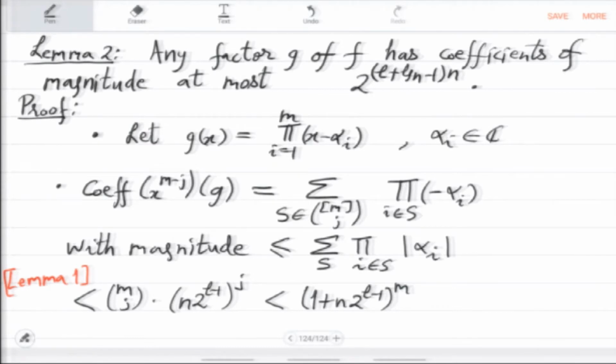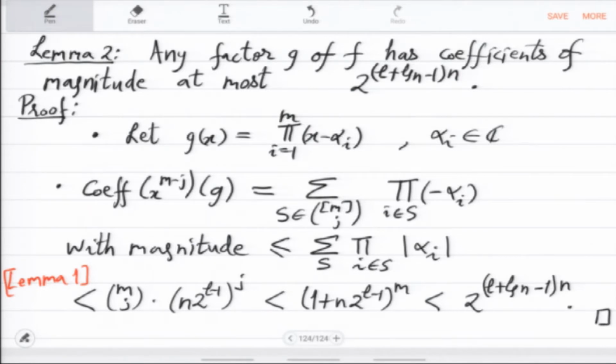This is by the binomial expansion. So, m choose j times (n 2 raised to L minus 1) raised to j is at most this expression, which itself is smaller than 2 raised to (L plus log n minus 1), raised to m, and m is at most n minus 1. So, we can safely put n here. Okay. So, that is the bound for the coefficients of arbitrary factors of a polynomial.